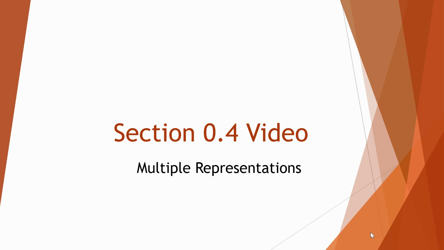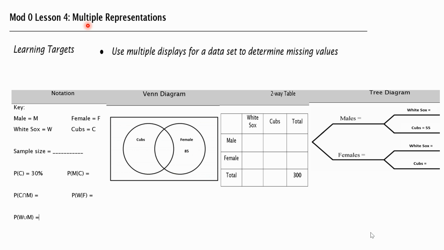In this video, this is for section 0.4, and this is going to be using the diagrams we've been working with already in this module, using multiple representations to find probabilities and values. The learning target for this is going to be to use multiple displays for a data set to determine missing values.